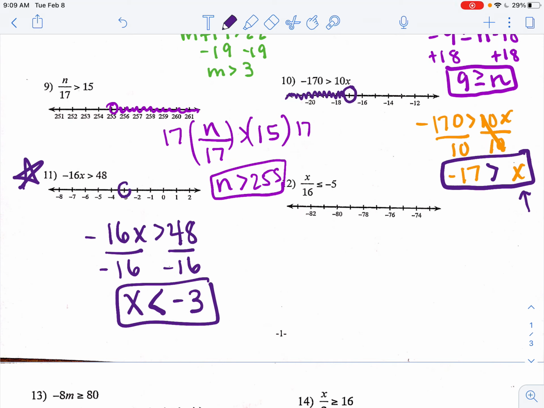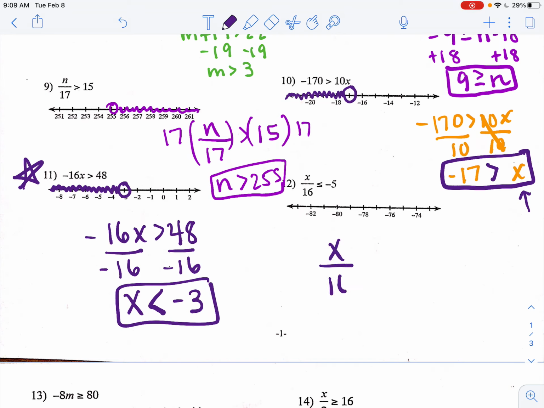Open on negative 3, and if x is less, it's over here. If you don't understand about the sign switch or don't think it matters, the way you're going to likely miss number 11 is you would have the incorrect side of the graph shaded. So it will definitely mess you up if you don't know about the sign switches.